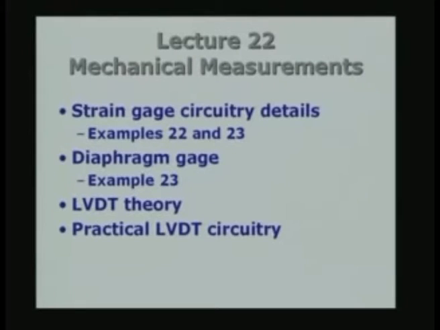Subsequently, we will look at another way of measuring displacement, which of course can be used for measuring displacement in its own right, or for measuring displacement consequent to a pressure signal which is converted to a displacement signal by using either a diaphragm gauge or a bellows gauge.